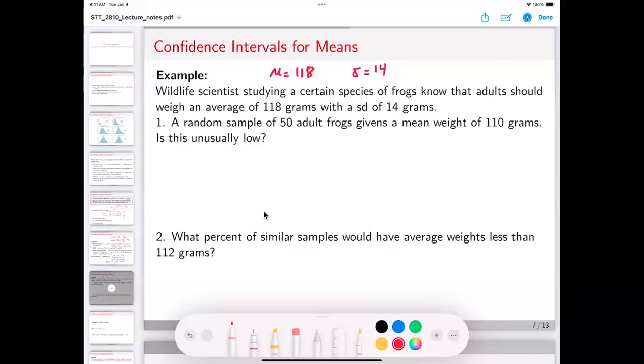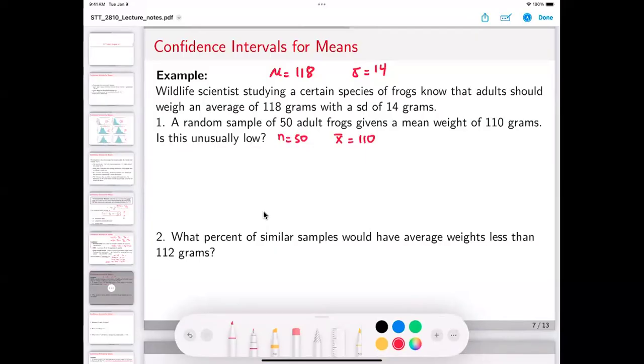So from here we can see n is 50, x bar is 110. I am using x bar because x bar is the sample mean. Is that okay? This 110 is based on a sample of 50 frogs. That is why I used x bar for that.